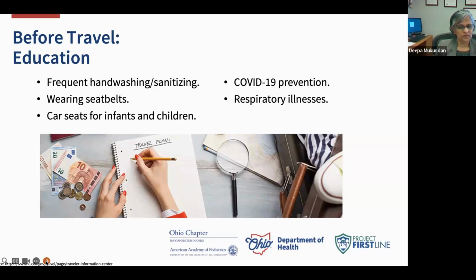Education about respiratory illness exposures. We just heard about the preventative measures, wearing a mask to prevent spread of infection if you have an upper respiratory infection, or if others around you do, it does help. And this is in addition to hand washing or sanitizing. Next slide.